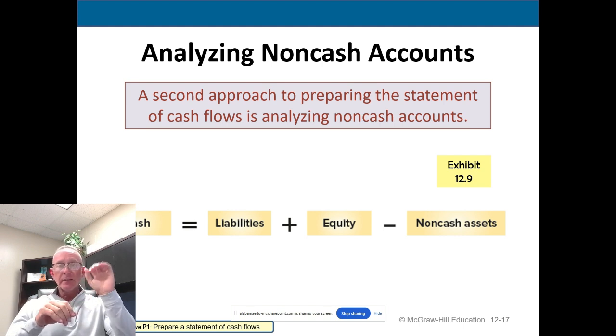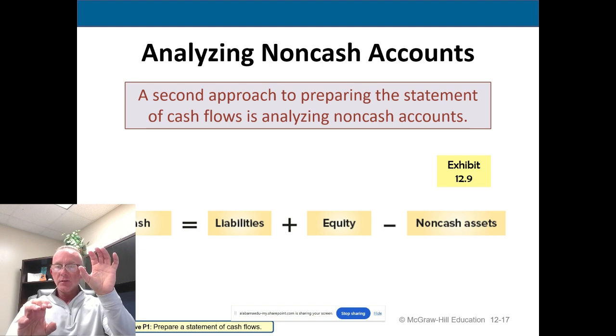I could have an expense with a debit, and a credit to cash. Or I could have a debit to cash and a credit for revenue. Or, as I mentioned before, I could have a deposit, a debit to cash, and a credit to accounts receivable.